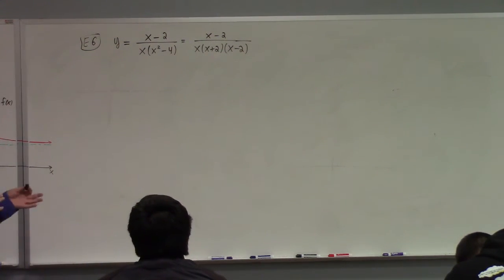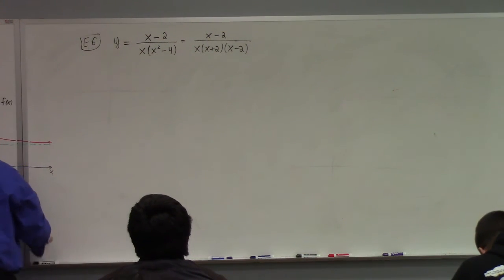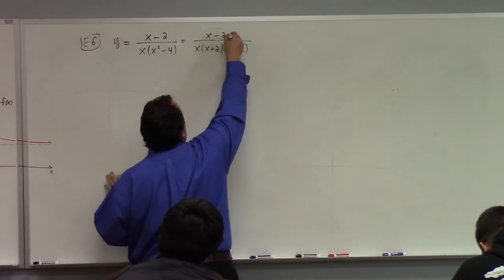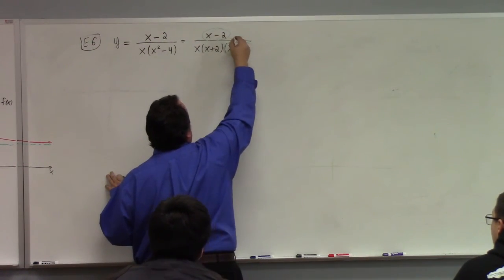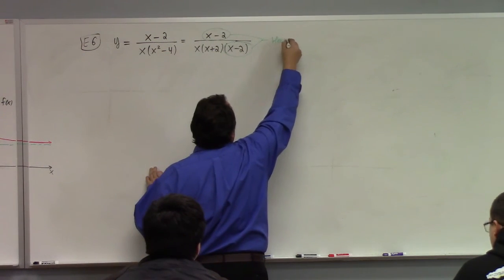So there's a fair amount going on here. The new thing about this example relative to the last example is, look at this. We got x minus 2 here and here, right? So anytime this happens, you get what's called a hole in the graph.